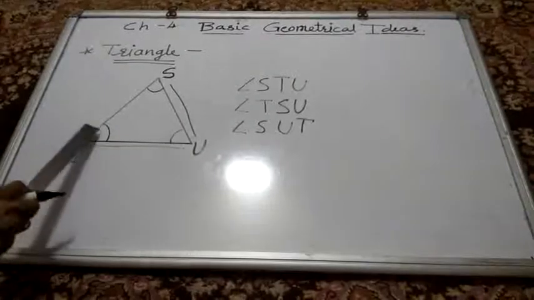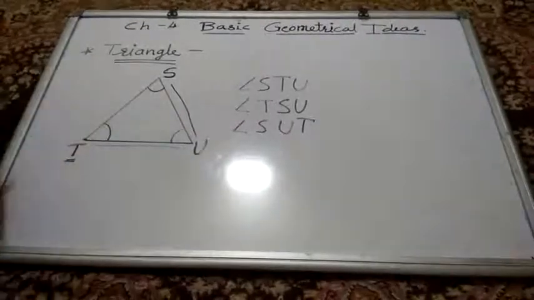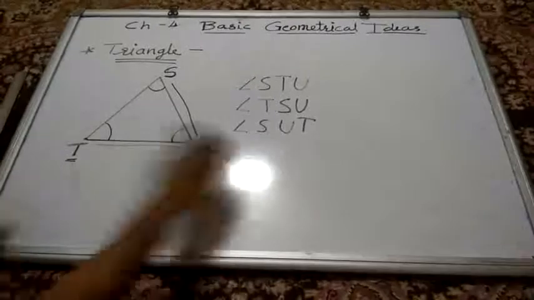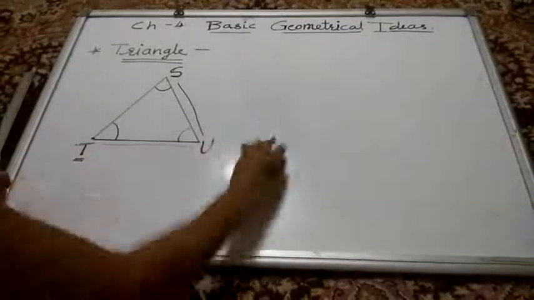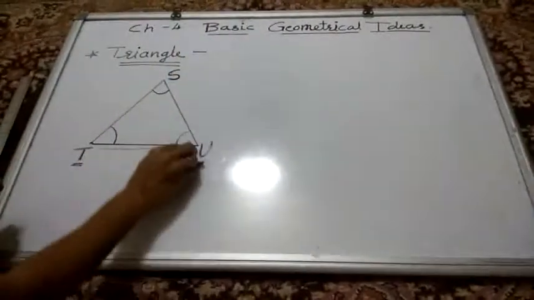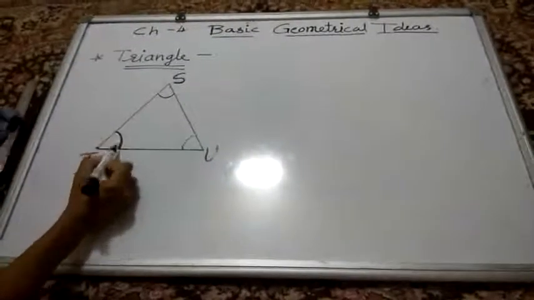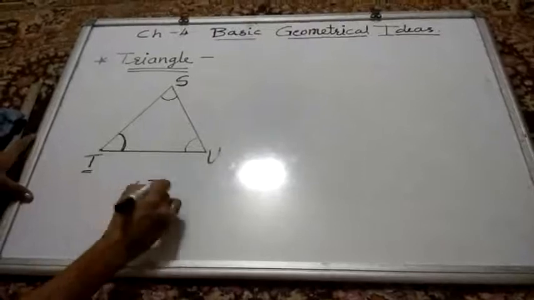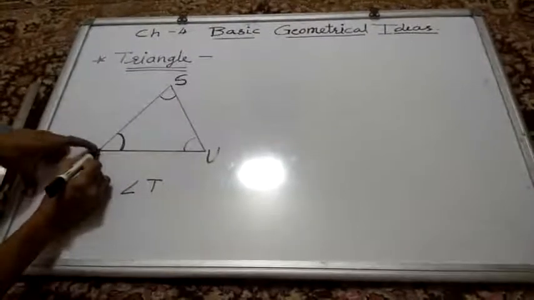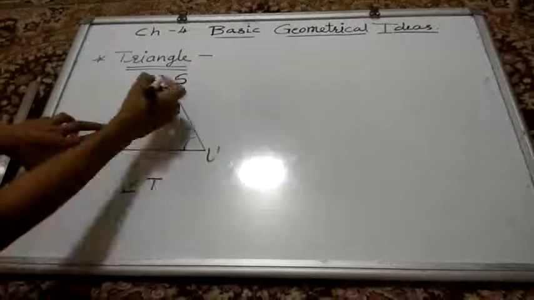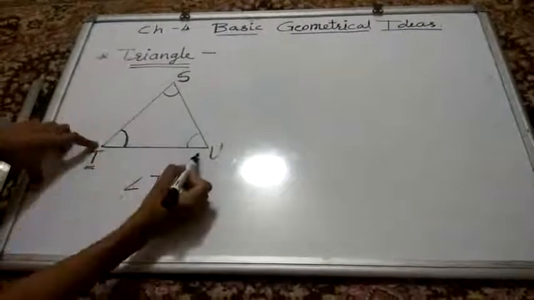How many angles do we have? 1, 2, 3. Now listen carefully. In this triangle STU, this is an angle, or you can read this as only angle T. Now this is vertex T, or you can say it is angle STU.